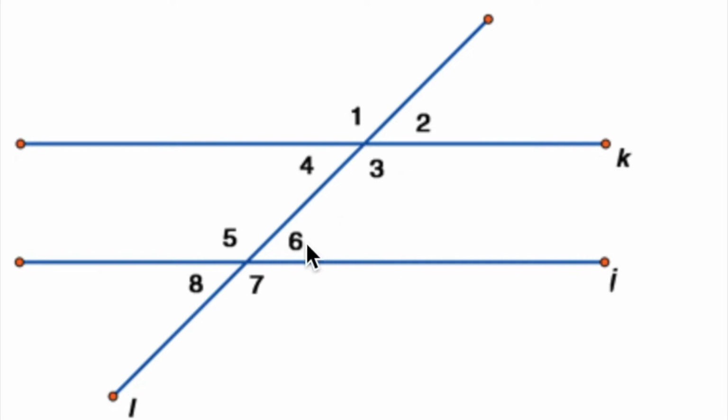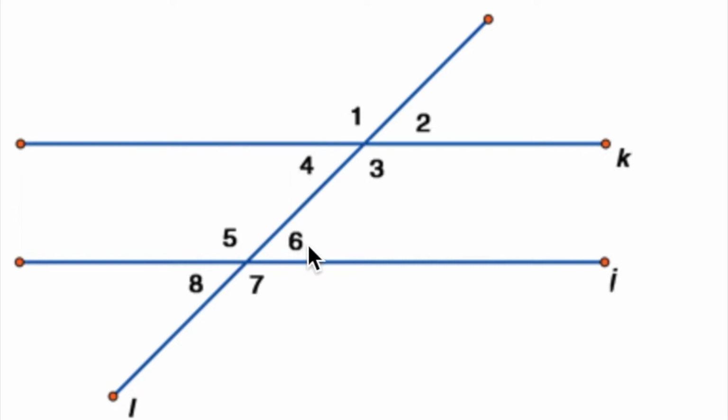And then we just bunch a whole bunch of those guys together. So just talking about alternate exterior angles, those guys are going to be on opposite sides of our transversal, but on the outside of our parallel lines. So 1 and 7 are an example of alternate exterior. From there, we have alternate interior. Those would be opposite sides of the transversal, but inside our parallel lines.